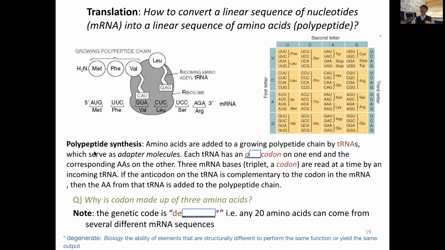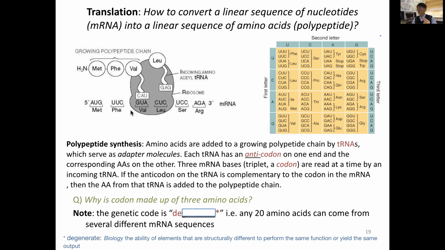So this polypeptide synthesis is that amino acids are added to a growing polypeptide chain by tRNA. This tRNA serves as an adapter molecule, and each tRNA should contain the opposite of this codon, so we call it an anticodon, which is complementary 3 letters on one end, and on the other side, the corresponding amino acid should be attached.